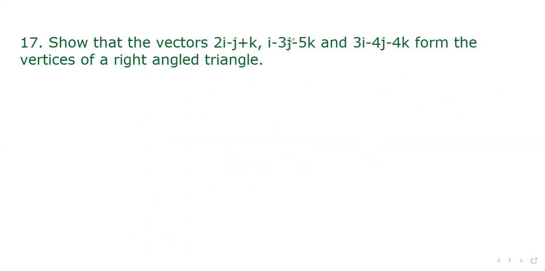Now, show that these vectors form the vertices of a right angle triangle. So we are given three vectors. Suppose this is vertex A, 2i minus j plus k.